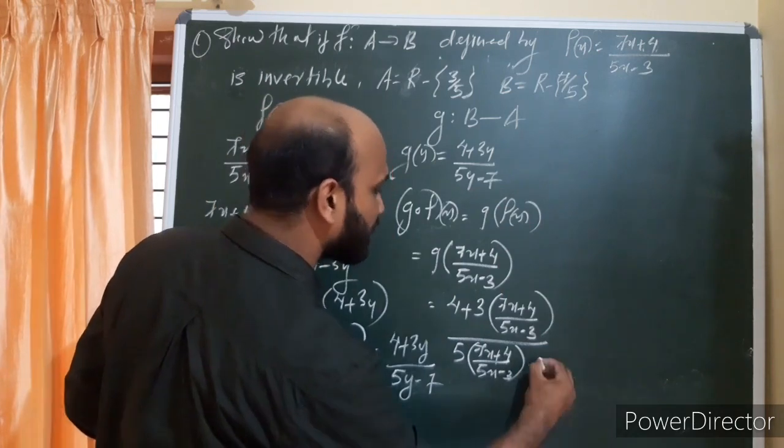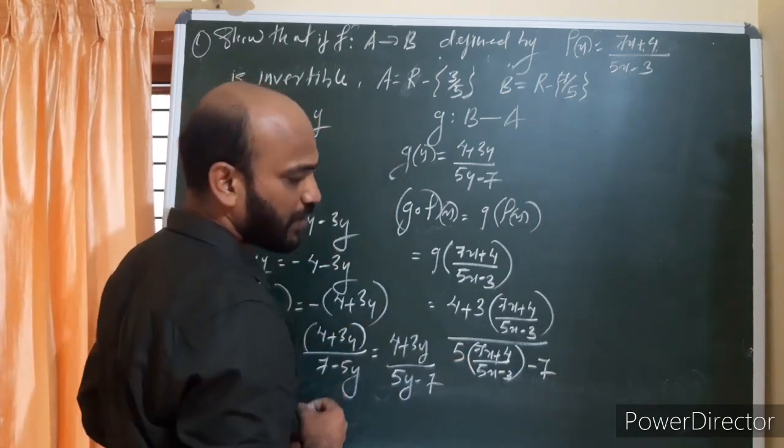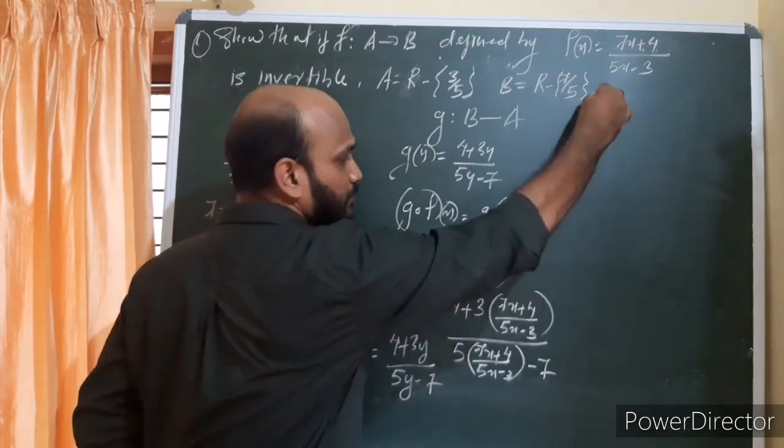Then minus 7. Right. This we have to cross multiply.